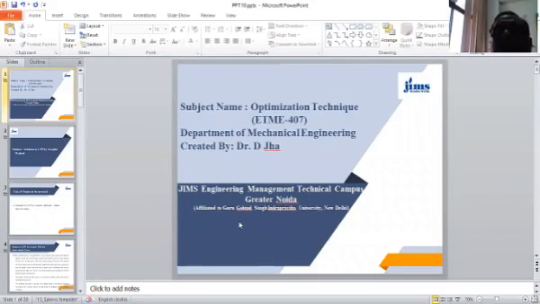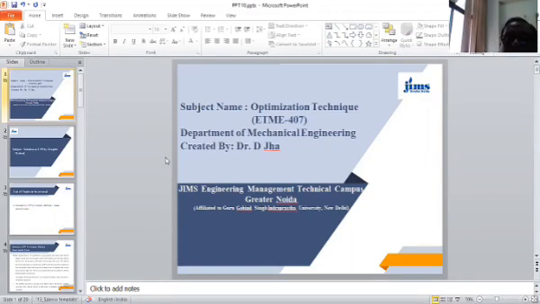We are going to discuss some special kinds of problems of linear programming which are solved through graphical techniques. Till now, we have learned how to make a mathematical model of a linear programming problem and how to solve them graphically.